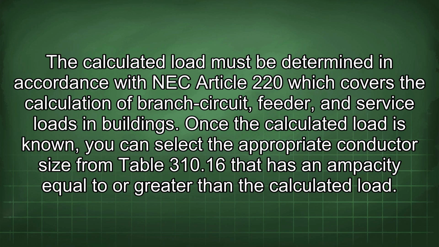The calculated load must be determined in accordance with NEC Article 220, which covers the calculation of branch circuit, feeder, and service loads in buildings. Once the calculated load is known, you can select the appropriate conductor size from Table 310.16 that has an ampacity equal to or greater than the calculated load.